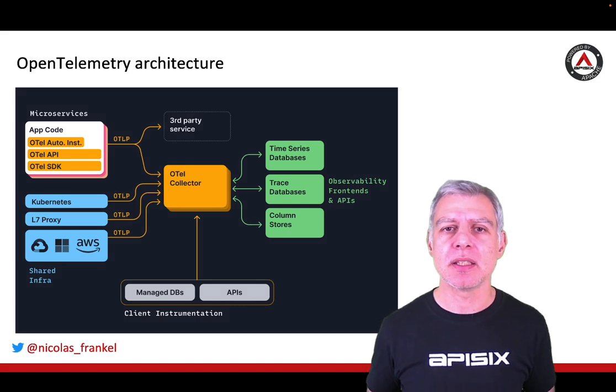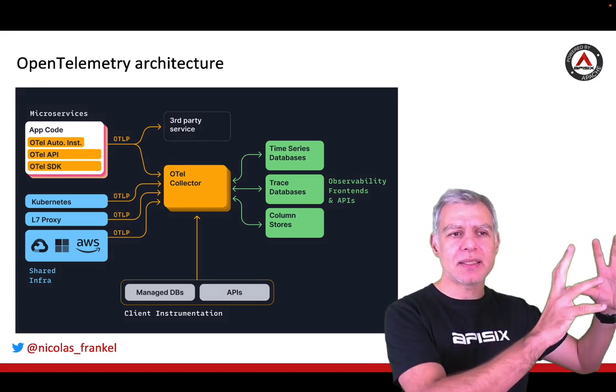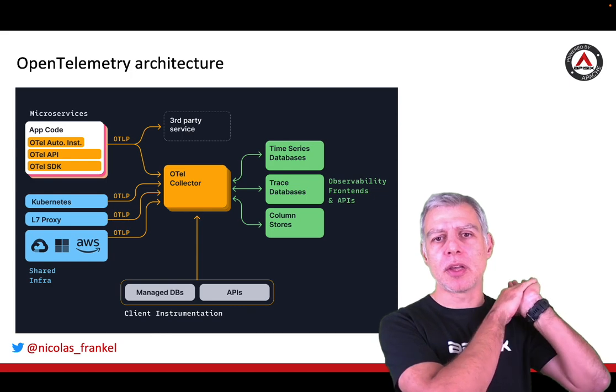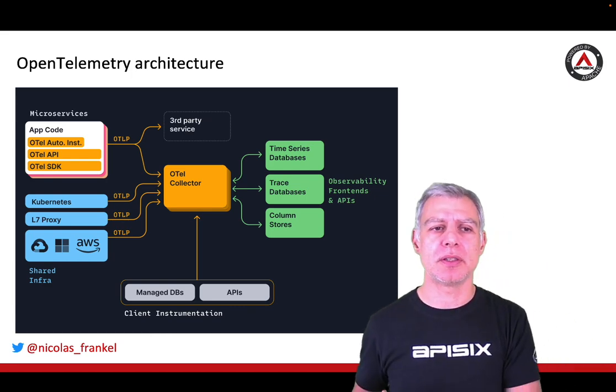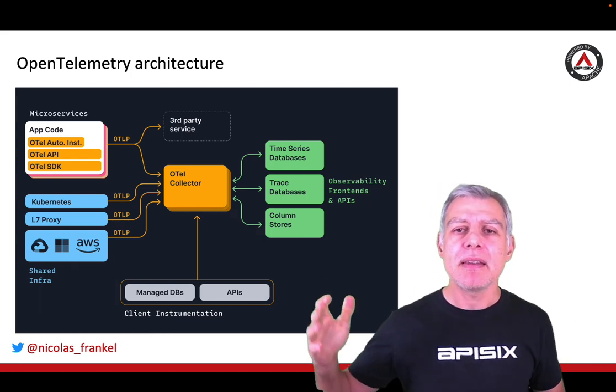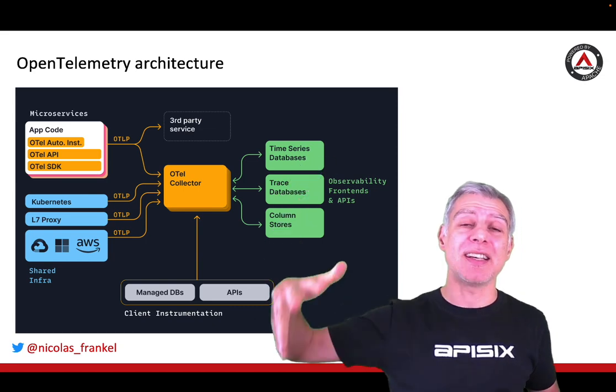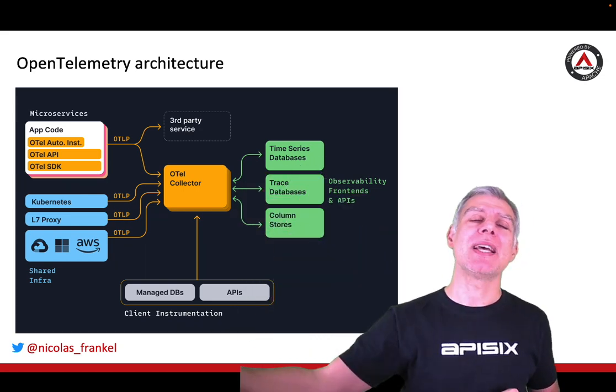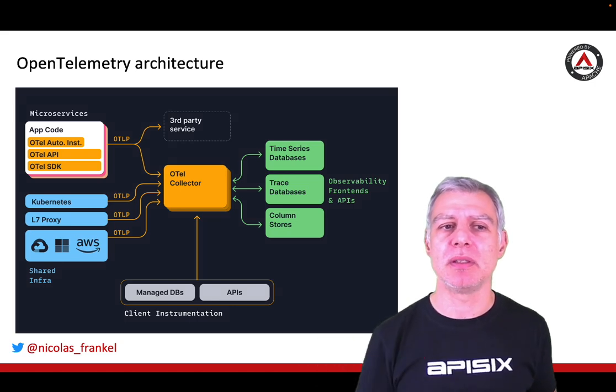So the idea is on the client side, you've got stuff that dumps data into the OTel collector, and then you've got something that is able to search and display data from the OTel collector.